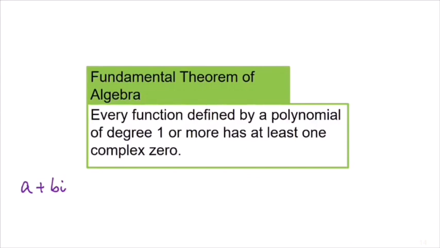But every number can be thought of as a combination of both a real part and an imaginary part. So all the fundamental theorem of algebra is saying is that every function defined by a polynomial of degree 1 or more is going to have at least one complex zero. So it will have a zero, but it might not be fully real.